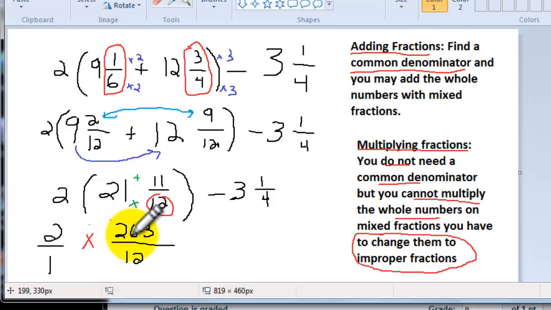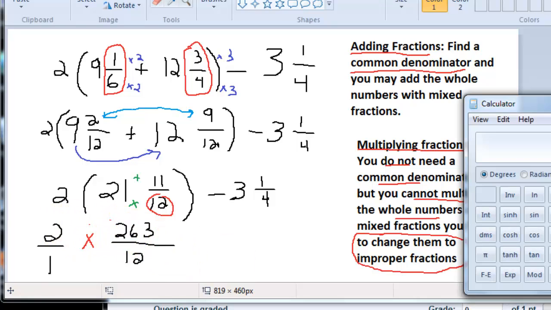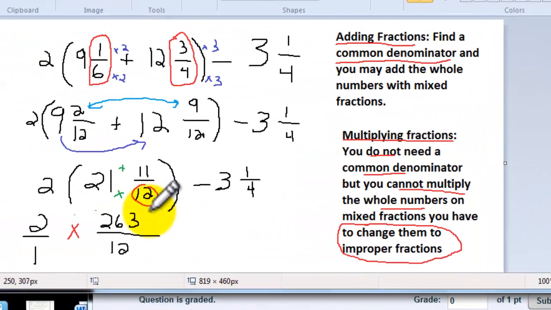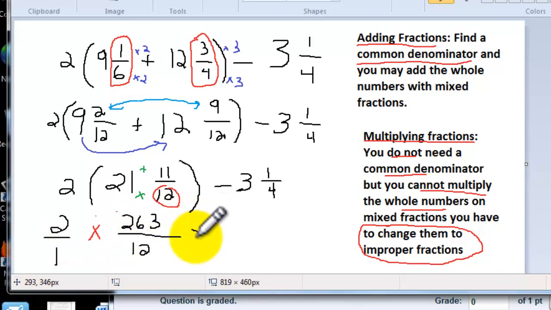So now you multiply 2 times 263. 2 times 263 equals 526, and then 1 times 12 is 12, and that becomes 526 twelfths. Wow! And then what we have here is minus 3 1/4.